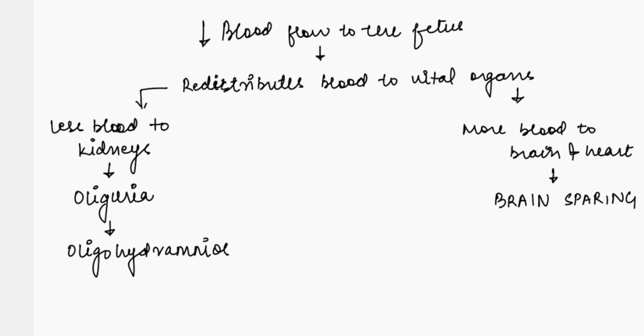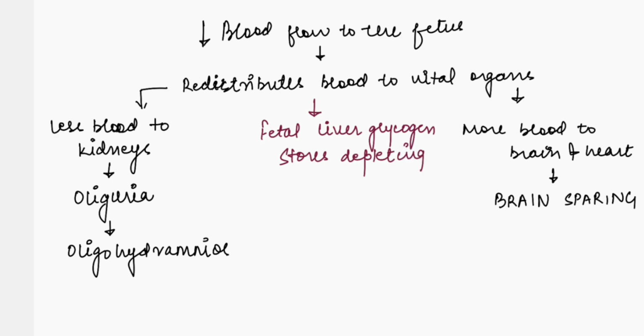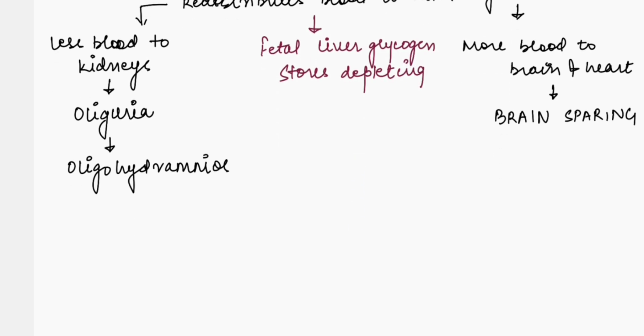And due to less blood supply, fetal liver glycogen stores start depleting, which leads to decreased liver span and decreased abdominal circumference.